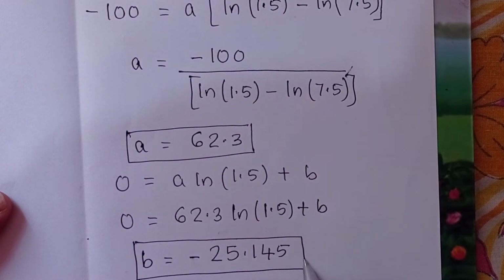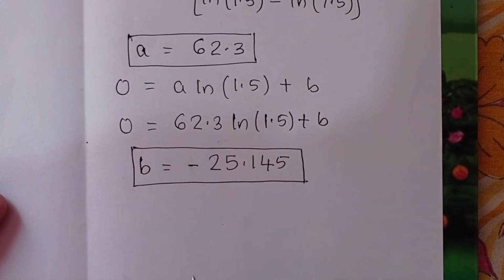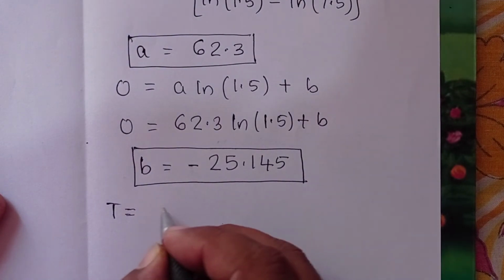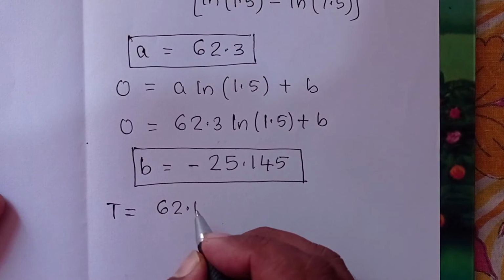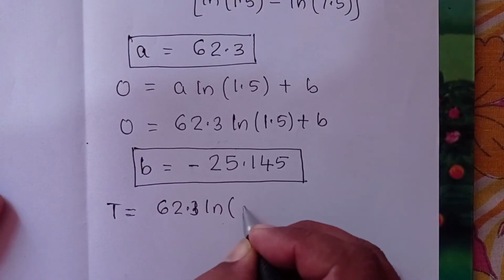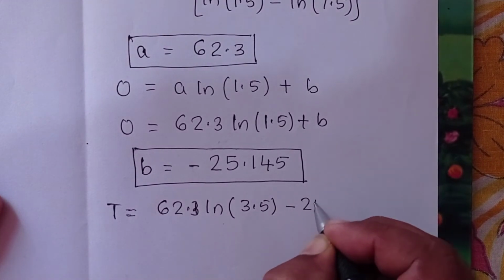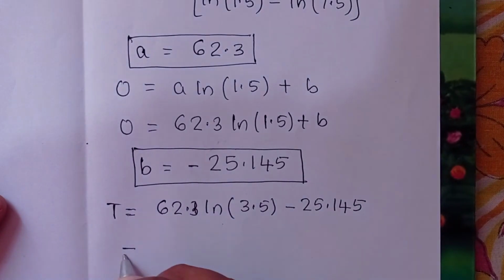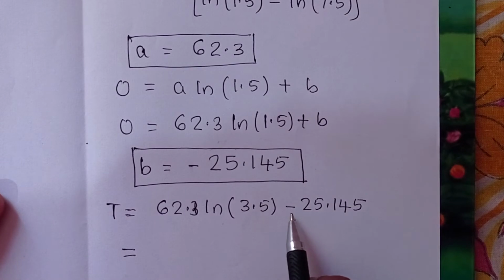So upon finding out the value of a and b, substitute in the equation. That is, T will be equal to, I can write the value of a as 62.3 ln, I want to find for x as 3.5, that is 3.5 minus 25.45. So I am substituting as a ln x plus b.